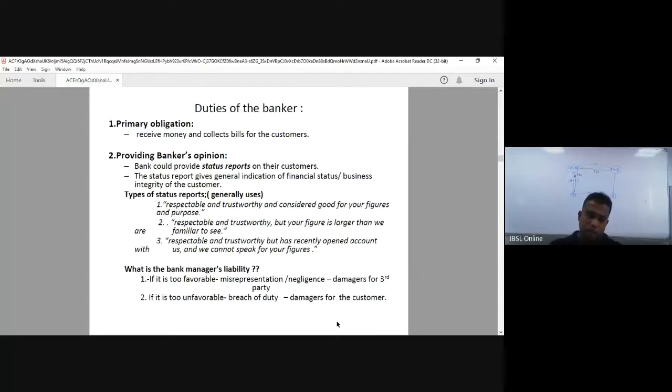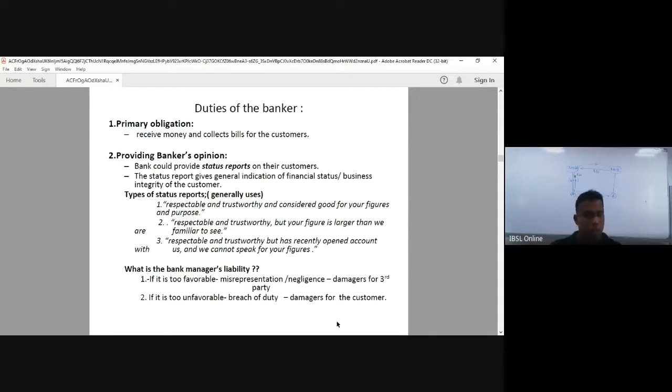But the HNB bank manager provides an opinion like number one: respectable, trustworthy customer and considered good for your figures and purpose. Small business, customer is trustworthy, he has not defaulted, but that figure, 25 million investment, is very large considering his business. So the opinion is wrong and it is favorable to the customer of HNB.